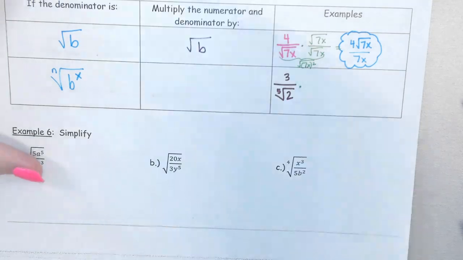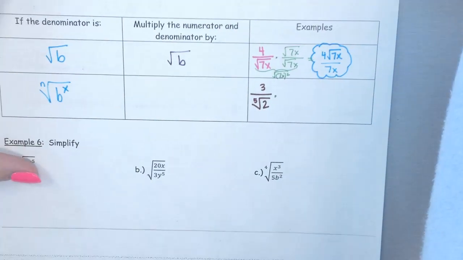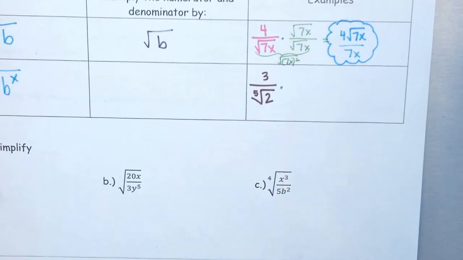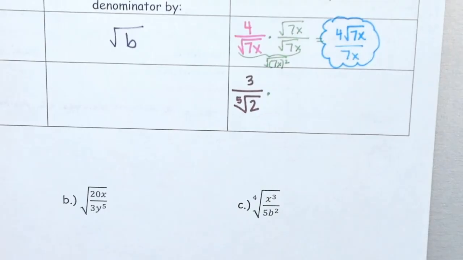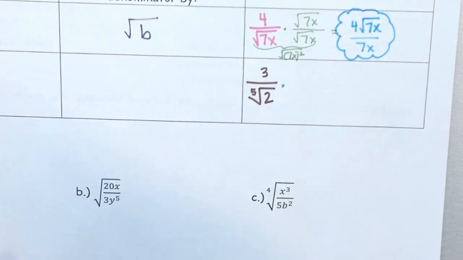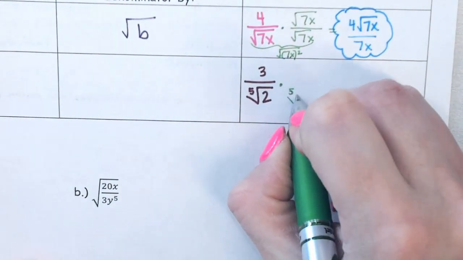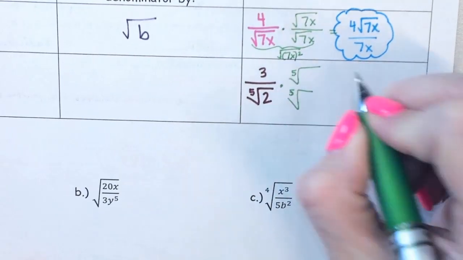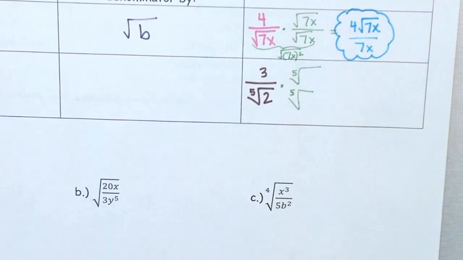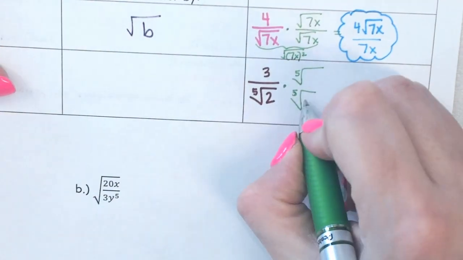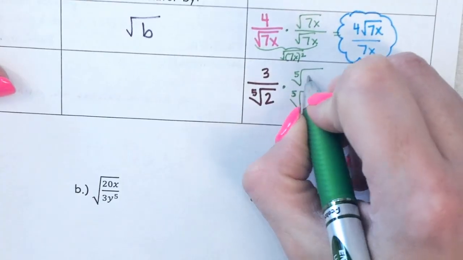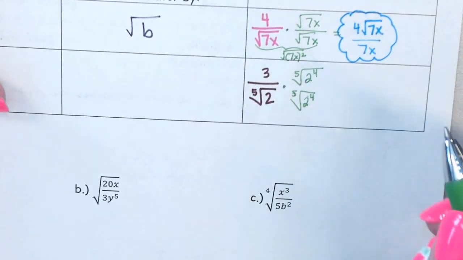Okay, so it's 3 over the 5th root of 2. All right, and then Kanan, what are you thinking? What should we multiply by here? The 5th root of what? 16. Okay, yeah, so we're going to multiply by 2 to the 4th power, and 2 to the 4th power is 16.